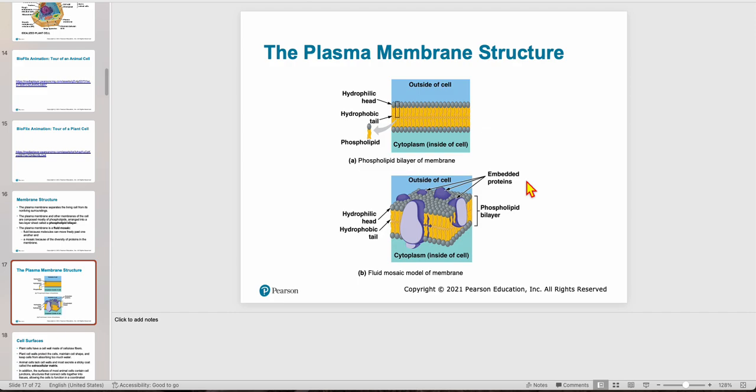These proteins can also play another role, which is cell ID. So these little bumps here are unique to that particular person. So when you get an organ transplant from somebody else, they have to match these markers. That's what they sometimes call this. These proteins, these embedded proteins or cell proteins, are sometimes called ID markers.